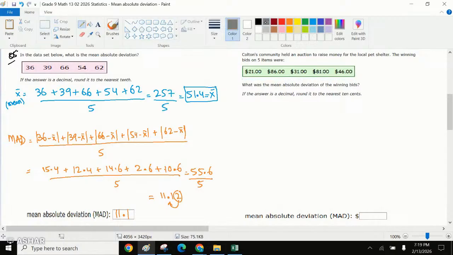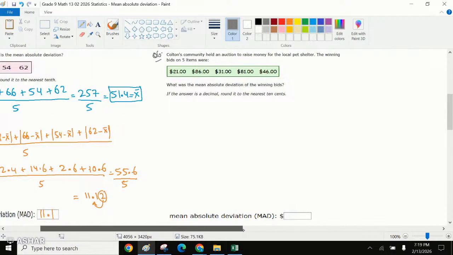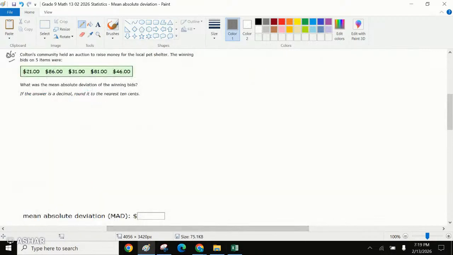For question number 6, we've been asked to find the answers such that the mean would be 21 plus 86 plus 31 plus 81 plus 46 divided by 5.